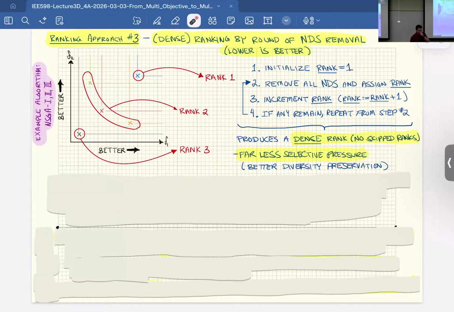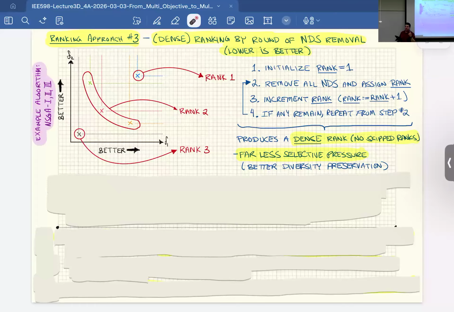Yeah, what's the difference between NSGA-I, II, III? So we'll talk a little bit about that. NSGA-I was the first. NS is non-dominated sorting genetic algorithm, and I think Deb is the author associated with NSGA. So this is a class of non-dominated sorting genetic algorithms that all use this ranking technique.